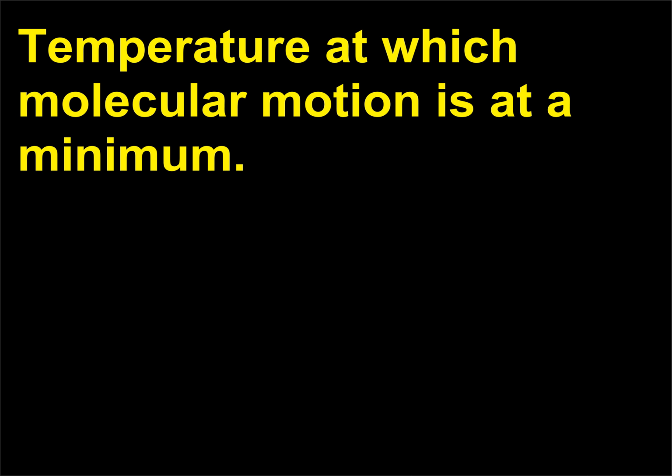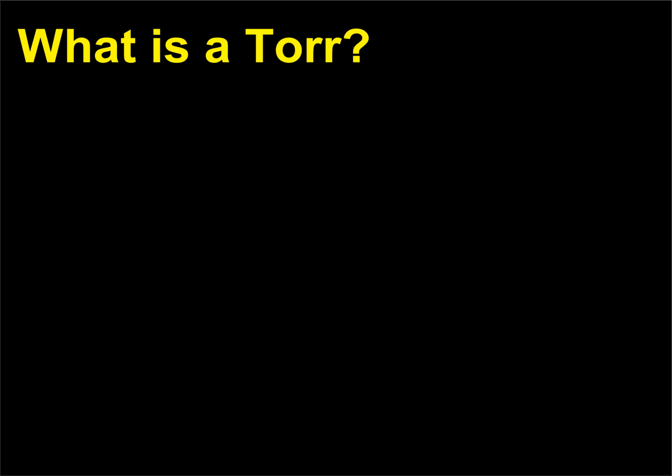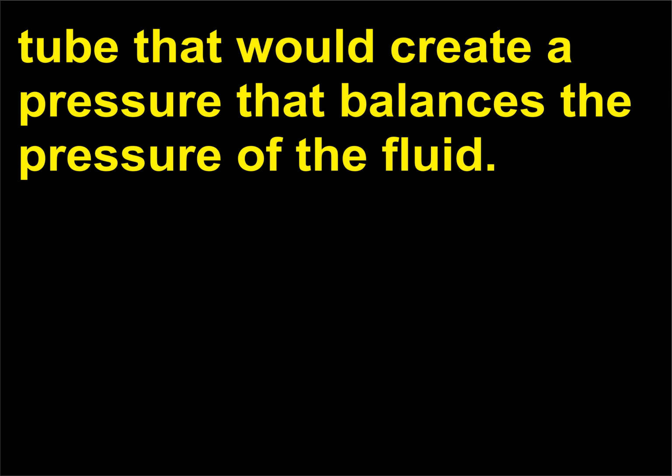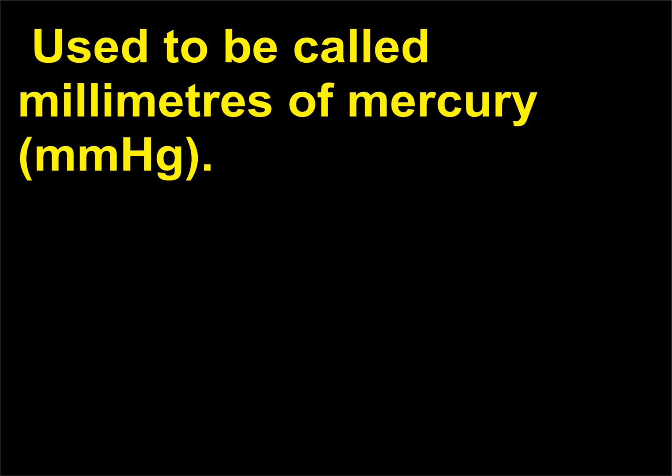Temperature at which molecular motion is at a minimum. What is a torr? Measure of pressure using measurement of height of mercury in a glass tube that would create a pressure that balances the pressure of the fluid. Used to be called millimeters of mercury, mmHg.